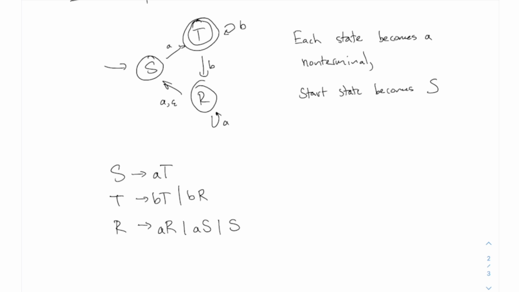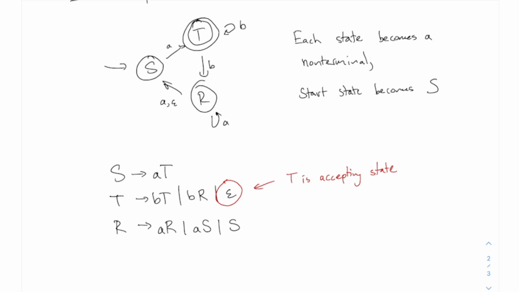And the way to do that in a grammar is like this. So that or epsilon right there represents the fact that T is an accepting state. And if there were other accepting states, I would put or epsilon wherever they appear in the grammar. All right?